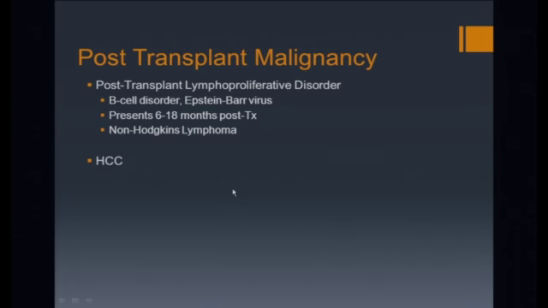Hepatocellular carcinoma can also occur, and it can recur in patients who have had a transplant because of HCC. And cholangiocarcinoma can occur if the transplant was performed for primary sclerosing cholangitis. Patients with PSC have a greater predilection to developing cholangiocarcinoma, and this predilection carries over even though the patient has had a transplant.